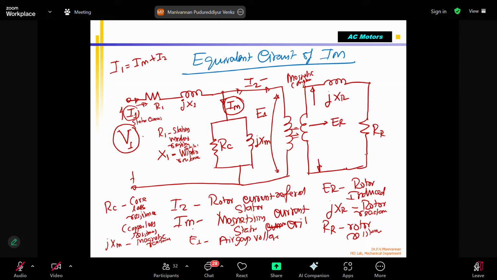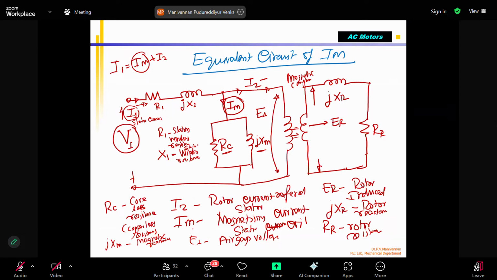Not all the current from the input supply is converted into magnetic field. Only some part is used for creating magnetic flux, through the branches RC and jXM. This reactance on the coil carries the current used for creating magnetic flux.